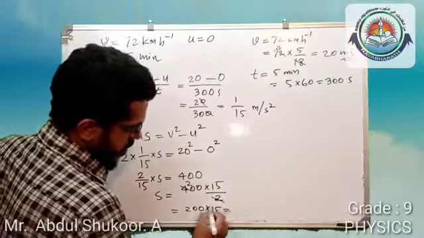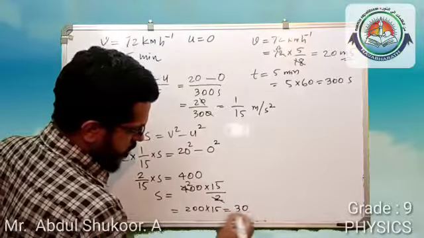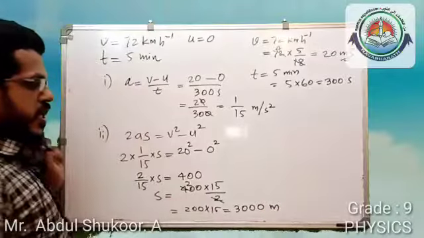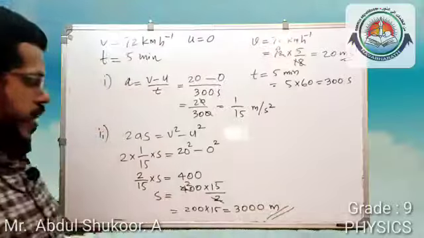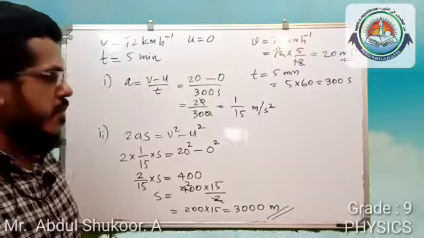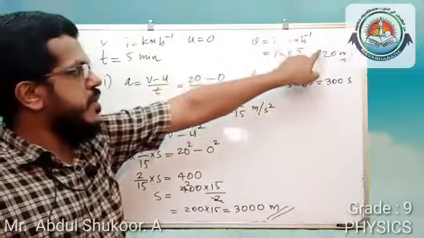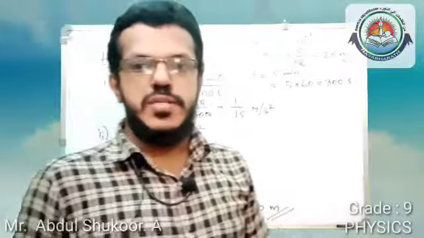That is 2 into 15 means 30, and the zeros give 3000 meter. That is the distance traveled by this train to attain this velocity of 72 kilometer per hour, that is 20 meter per second. Okay, do you understand?